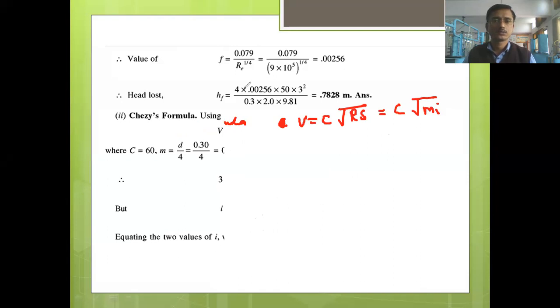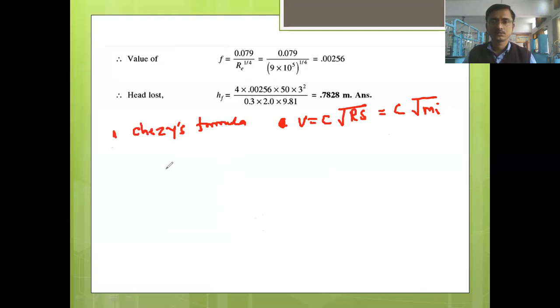Now, whether we know the value of C? Yes, C is given. C is equal to how much? 60. Then R. R is nothing but it is A by P or D upon 4.